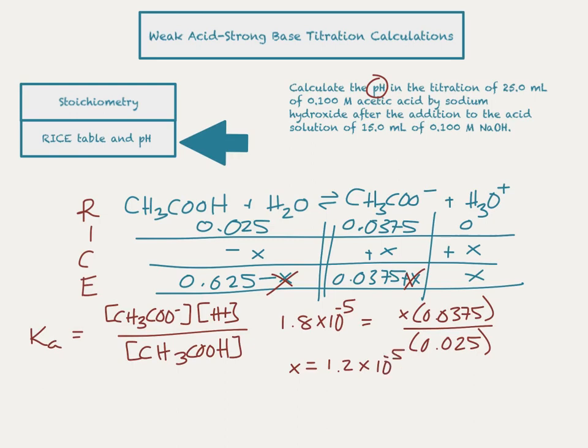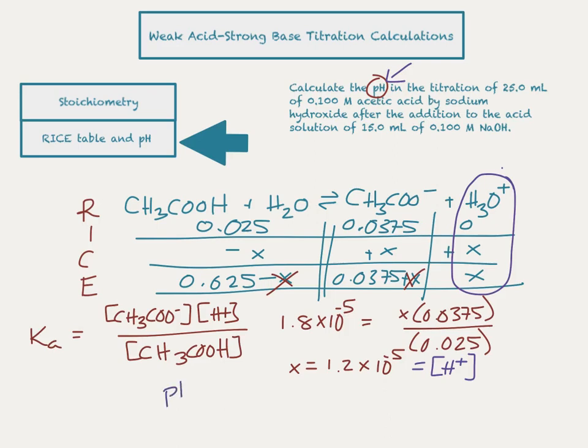And then we think to ourselves, well, what does my x value actually mean? And then I remember from my rice table that x is the H plus concentration, which means that all I need to do to answer the actual question is calculate the pH.